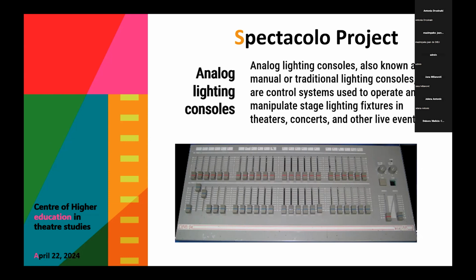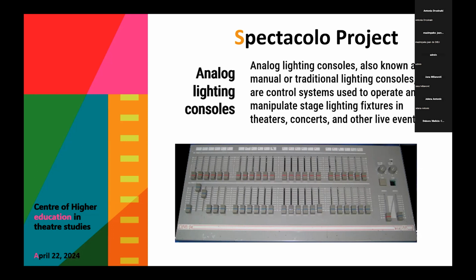now the lighting cues or sequences are manually programmed and played back by the operator in real time during the performance. The operator uses the console controls to fade, crossfade, and manipulate the lighting cues according to the script of the production.